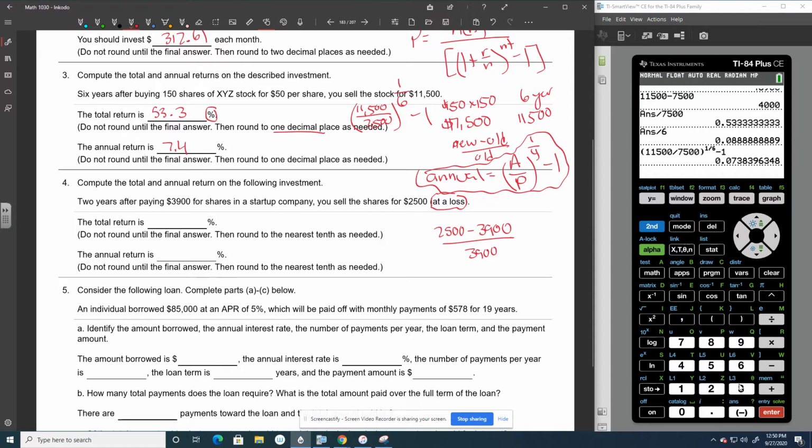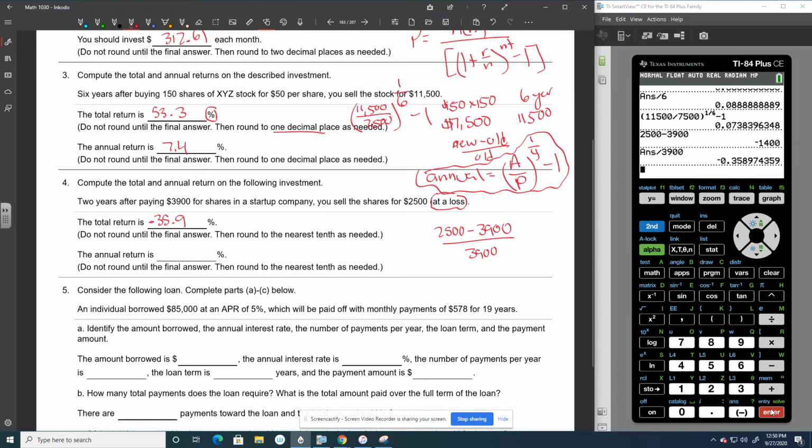So let's do 2,500 minus 3,900, enter, divide by 3,900. And that's telling me that I am decreasing 35.89, and it wants us to round to the tenth, so 35.9%.